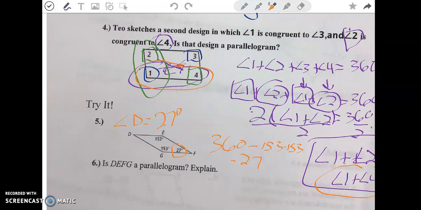When you subtract all that, you end up getting 27. So is this a parallelogram? Yes, it is. Why? We have opposite angles congruent, and you have consecutive angles that are supplementary.